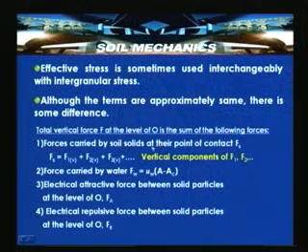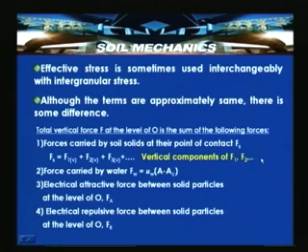So, if you see here, the forces carried by soil solids at their points of contact, say if I call that force F solids, F solids is equal to F1V plus F2V plus F3V, and so on. These F1V, F2V and F3V are the vertical components of F1, F2 and F3.